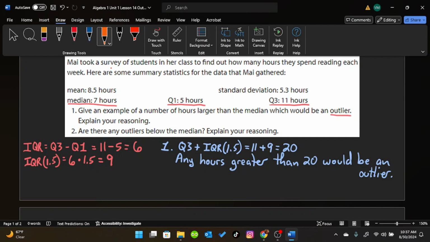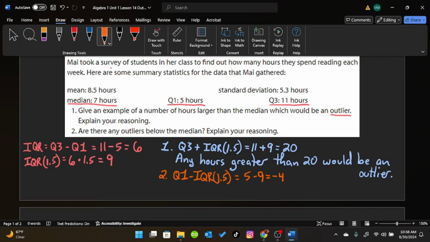So if we do that, that would be 5 minus 9, which is -4.